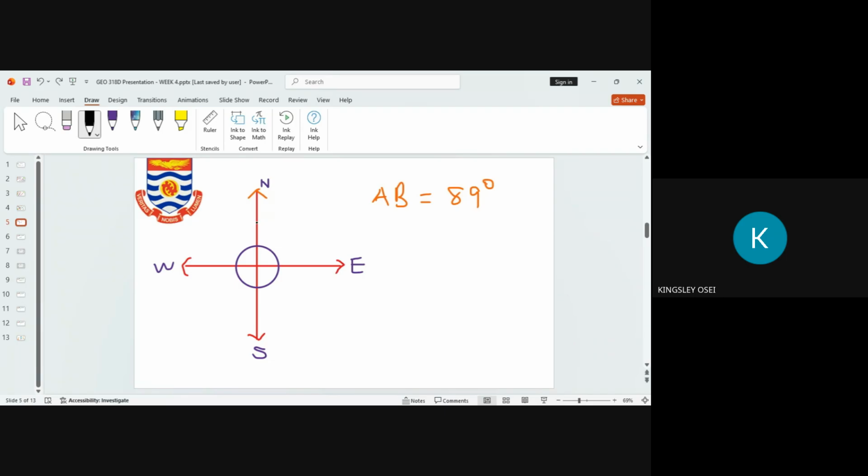So from the north clockwise, I go very close. So my line should be somewhere here, such that this angle, clockwise, is 89.